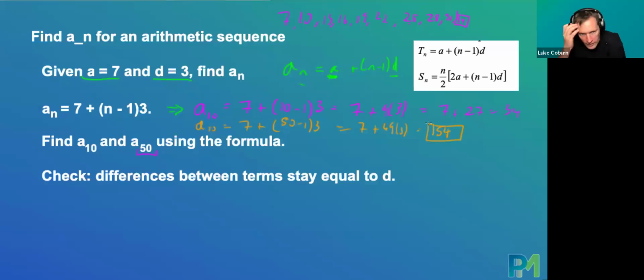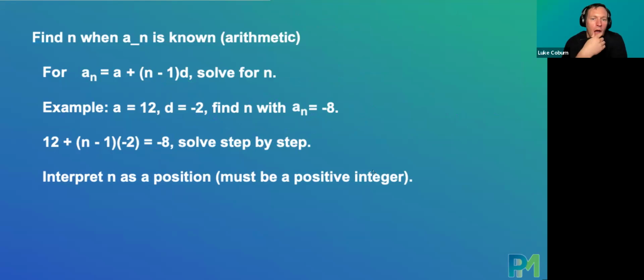So that's A50. And then we can also check that the difference between terms is always equal to D in an arithmetic sequence.